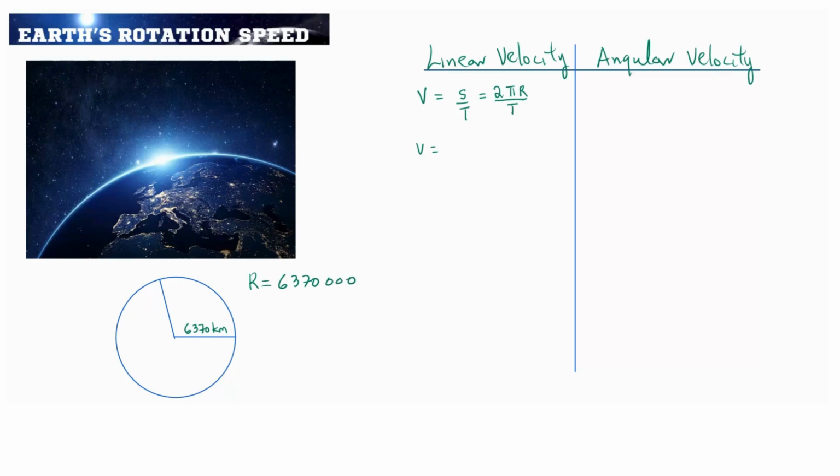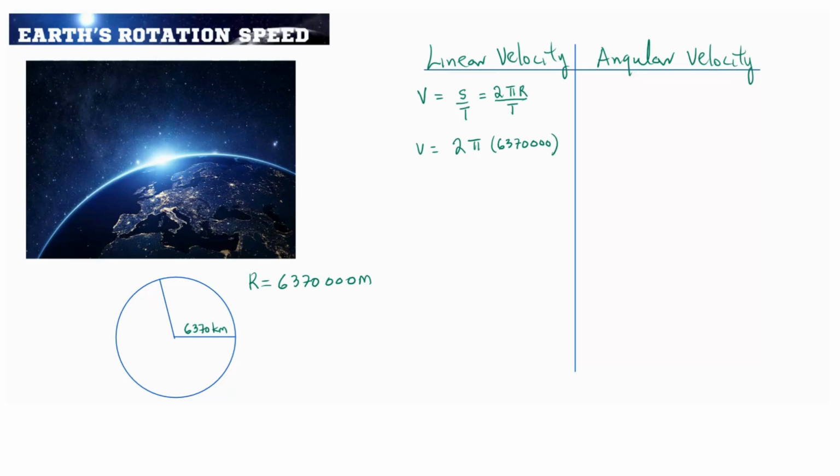So here r would now be in meters, so it means that we have 2 pi times r, which is 6,370,000, divided by time.